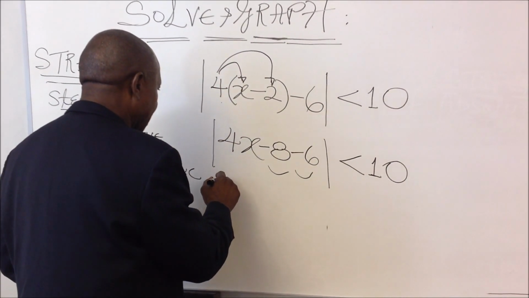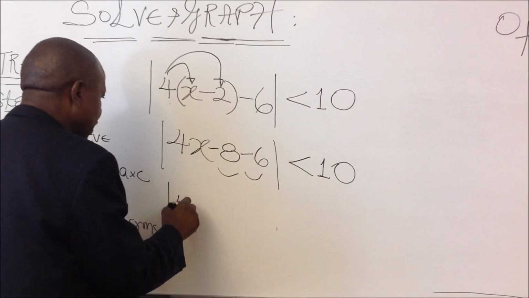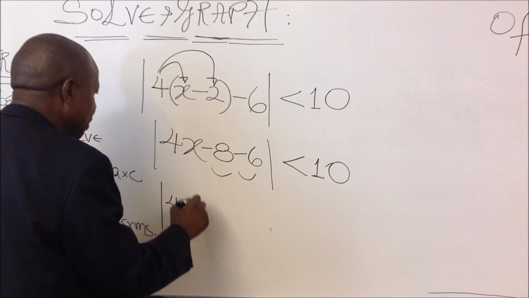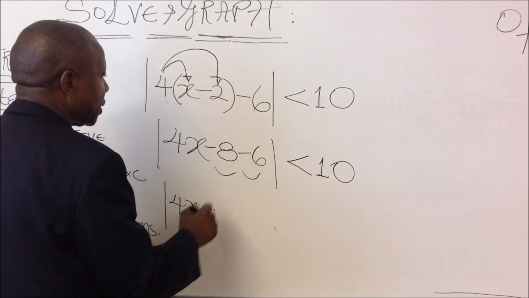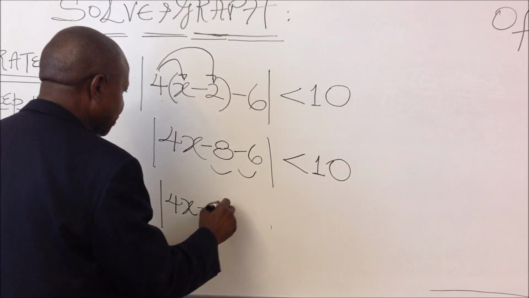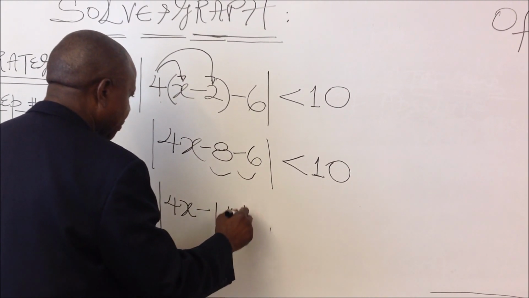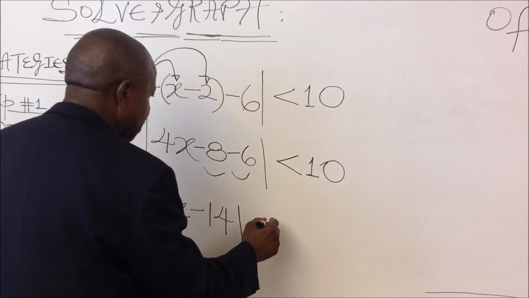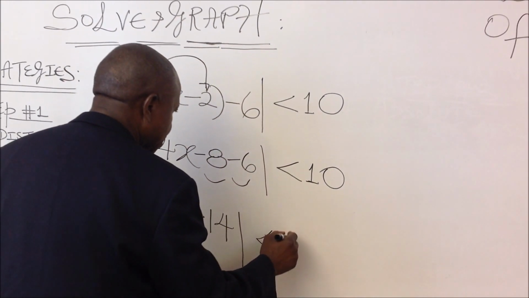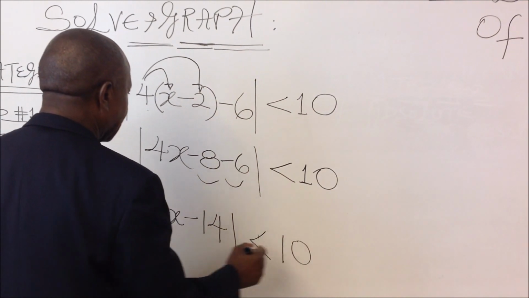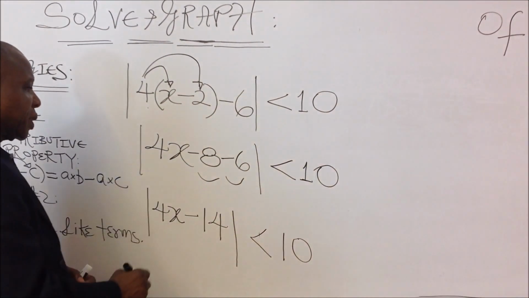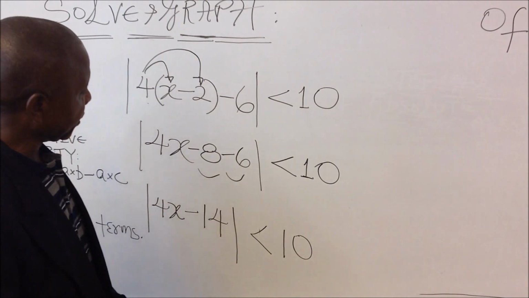So therefore, we have here absolute value of 4x minus 14 less than 10. The absolute value of 4x minus 14 then will be less than 10.